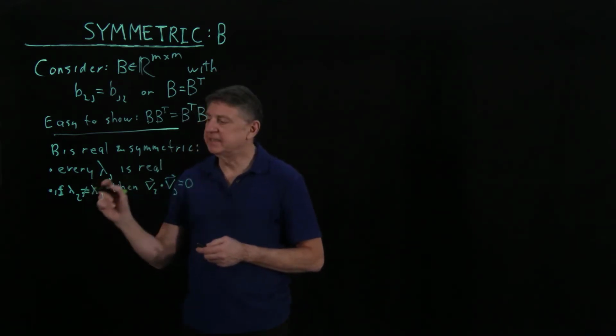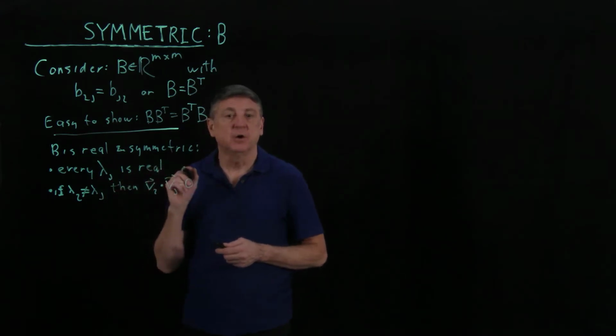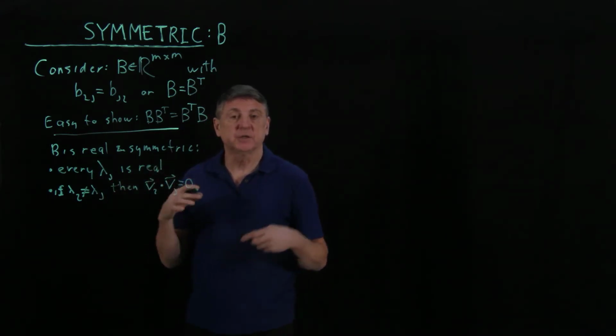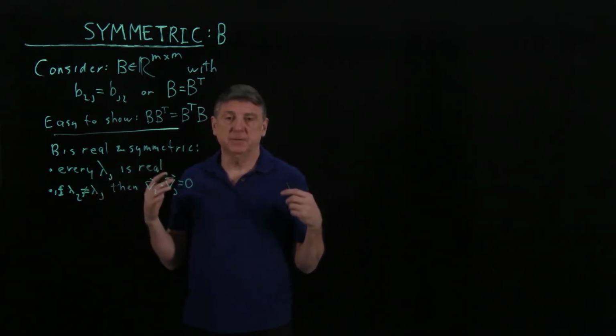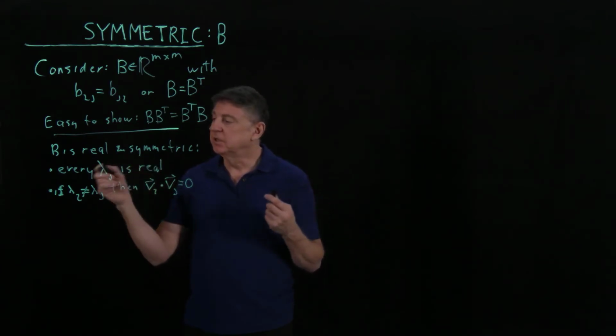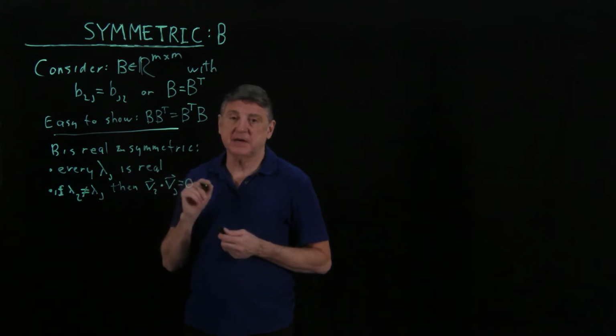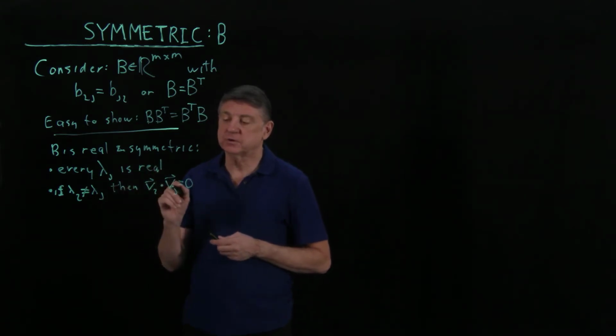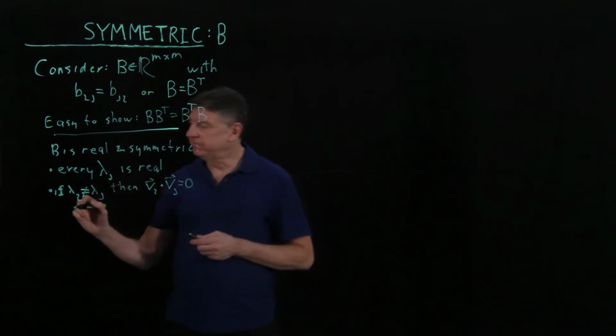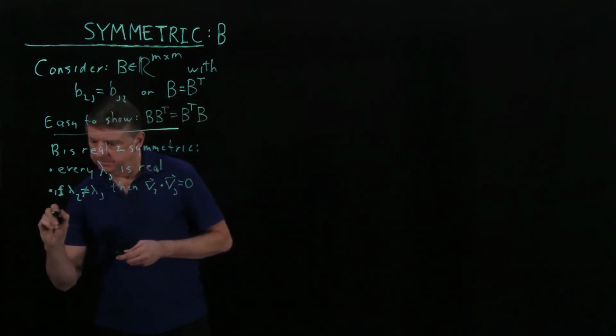So distinct eigenvalues have orthogonal eigenvectors. In general, if a matrix is diagonalizable, distinct eigenvalues have linearly independent eigenvectors, but now it's a stronger statement. It's that they're orthogonal.